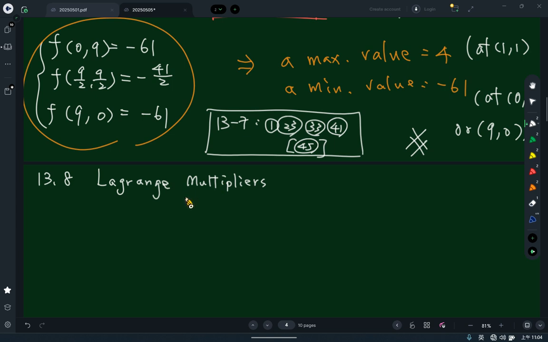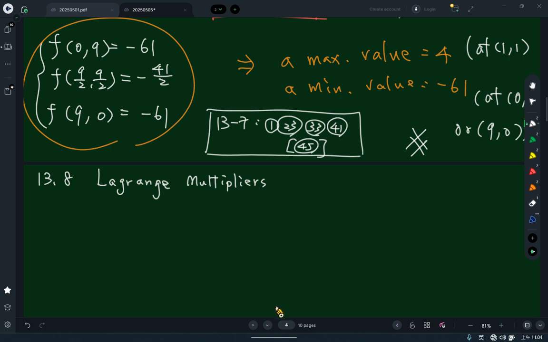I will not talk about why it can be done this way, but later I will show you an example. That example somehow can show why Lagrange multipliers behave like this.